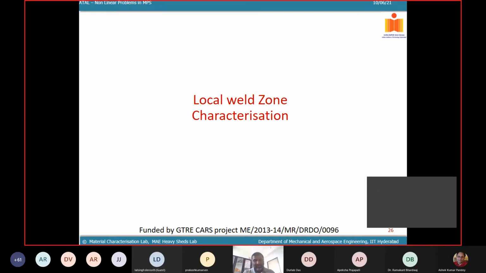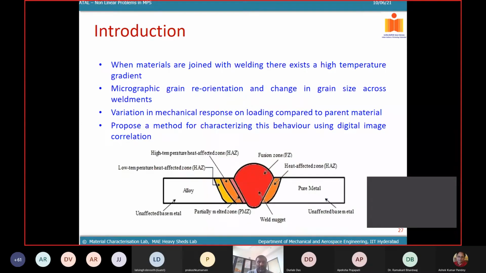So I'll just run through this topic because you have got enough idea about what I'm going to discuss. This was a project funded by GTRE, okay, and in any component, welding joints cannot be avoided. They are very important.